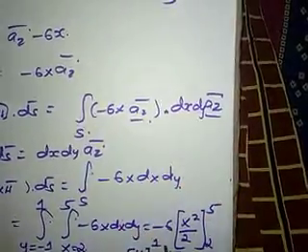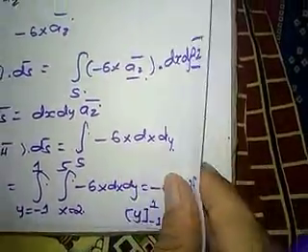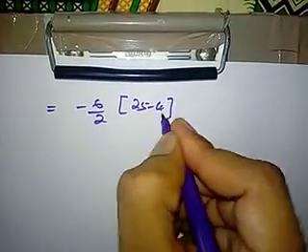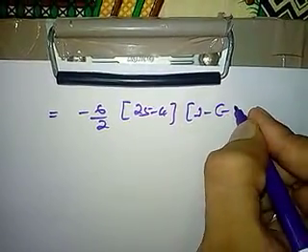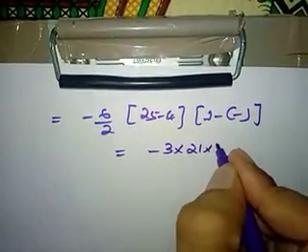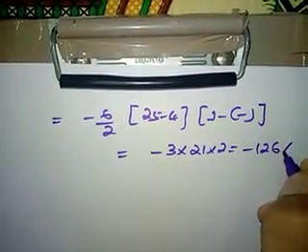Dy integral is y, so it is minus 1 to 1. So if you simplify this, you will get minus 6 by 2 into 25 minus 4 into 1 minus of minus 1. So this will be minus 3 into 21 into 2, that is equal to minus 126 ampere.